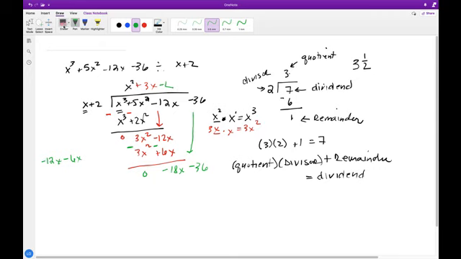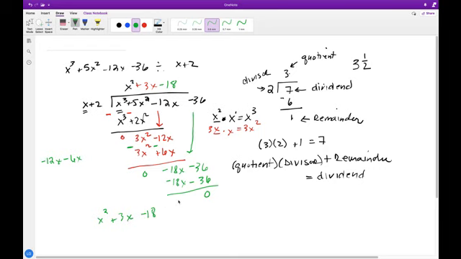So negative 18 times x equals negative 18x, and negative 18 times 2 is negative 36. So this actually divided evenly, right? So my quotient is x squared plus 3x minus 18.